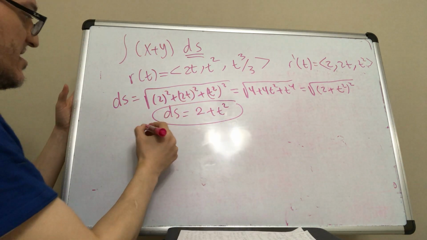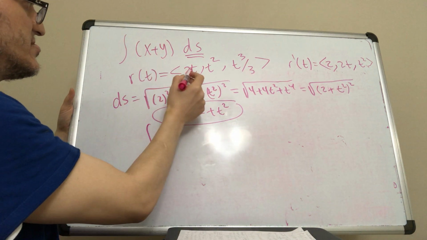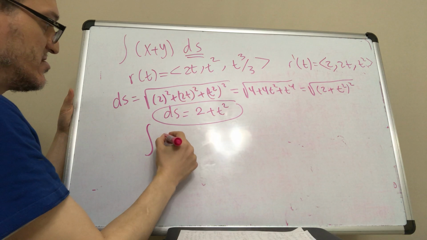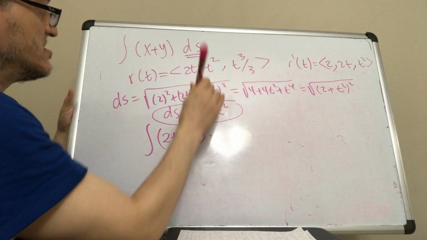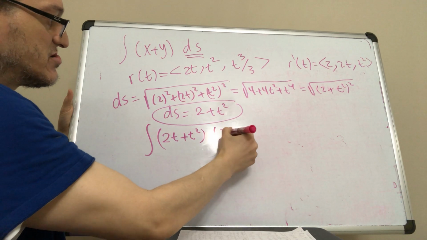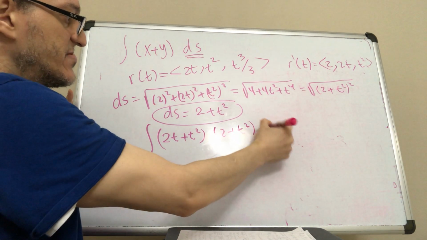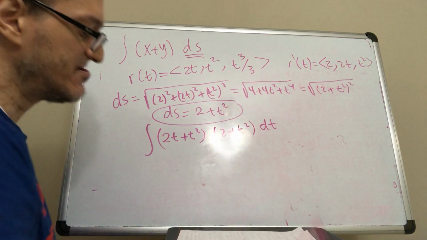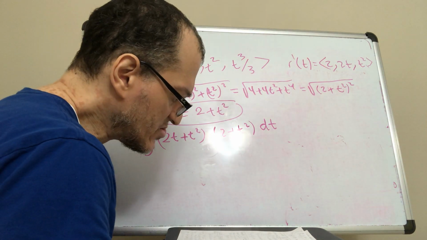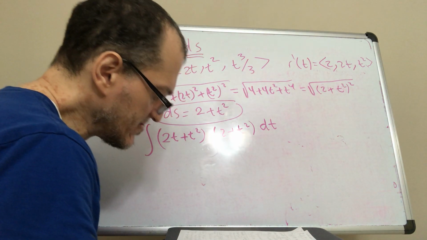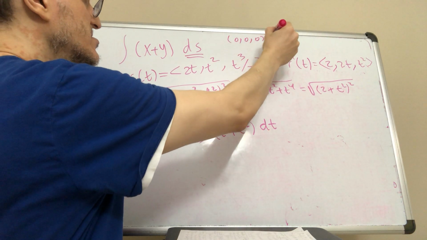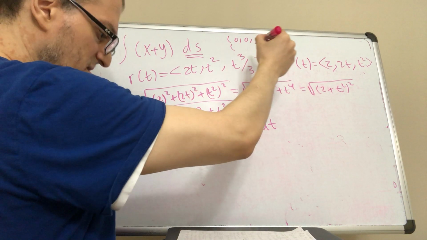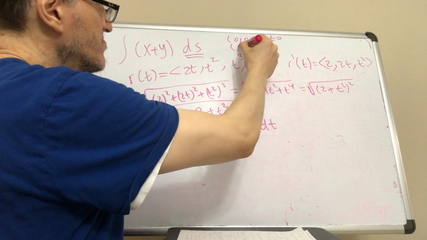So you integrate now. They tell you x plus y, 2t, t squared, ds, 2 plus t squared, everything in dt. And they tell you in the question, and I wrote it on the side, that you're going from 0, 0, 0 to the point 2, 1, 1/3.